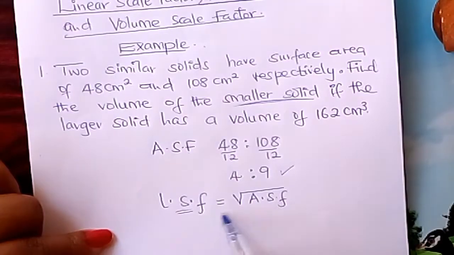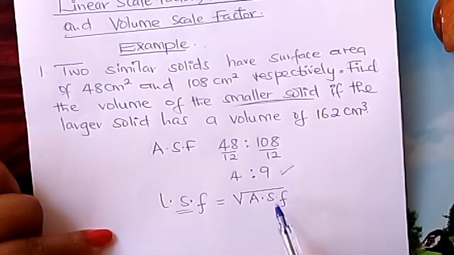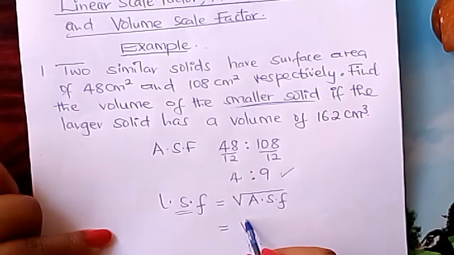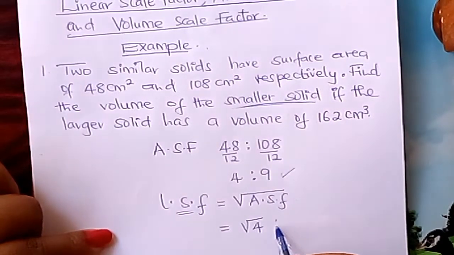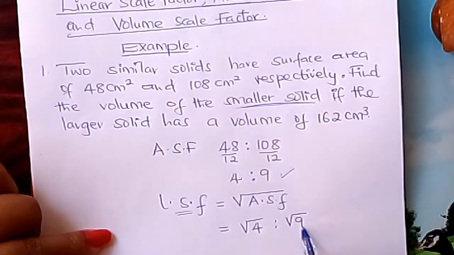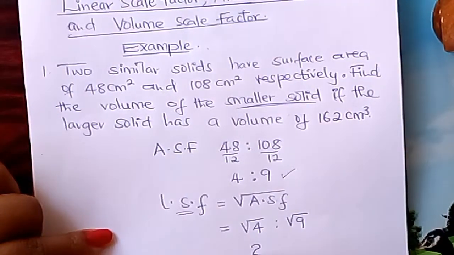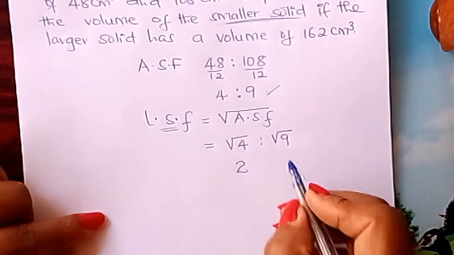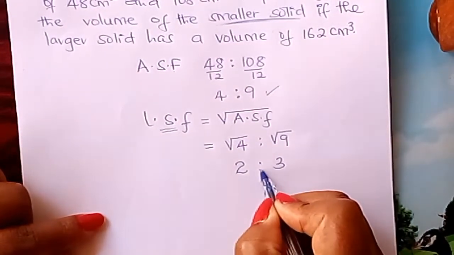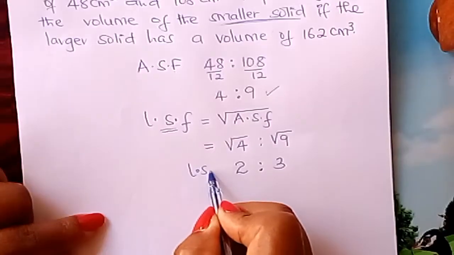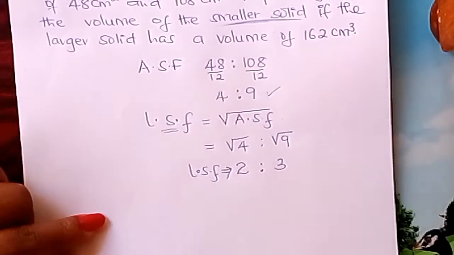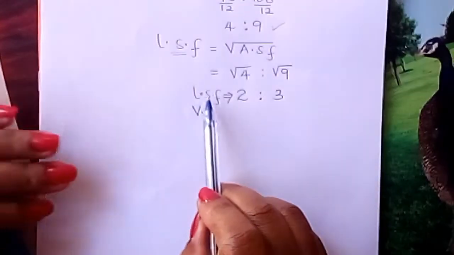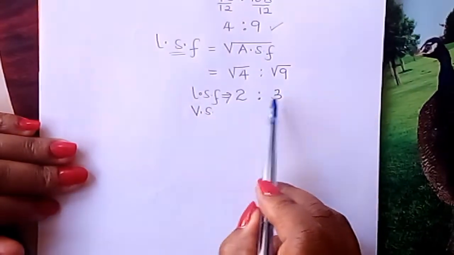I'm sure you have come across this formula. So in our case, you find the square root of 4 and the square root of 9, and so our linear scale factor is 2:3. Good. This is our linear scale factor.